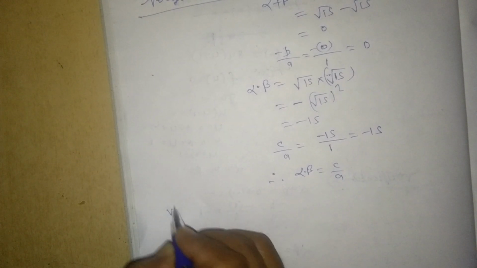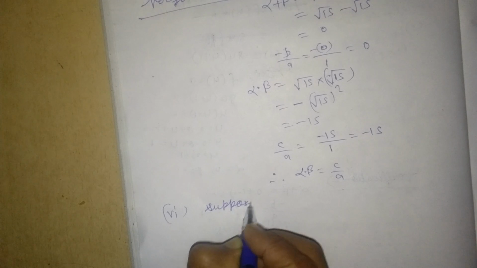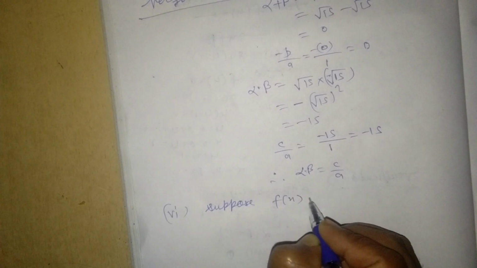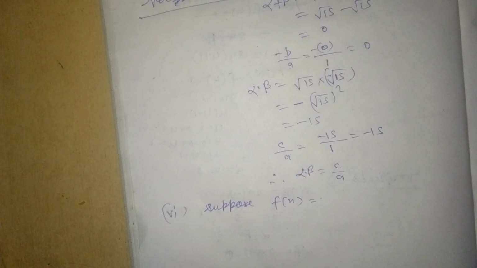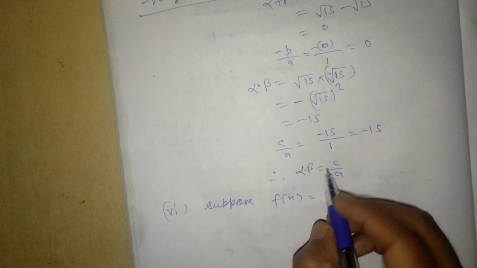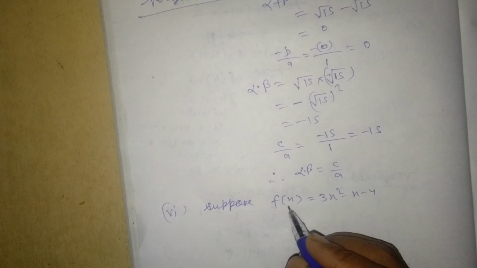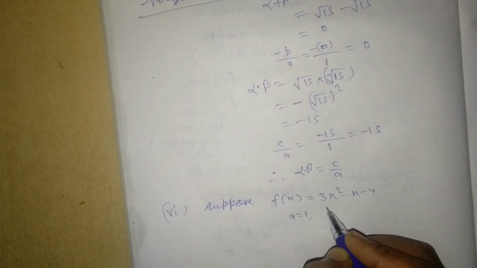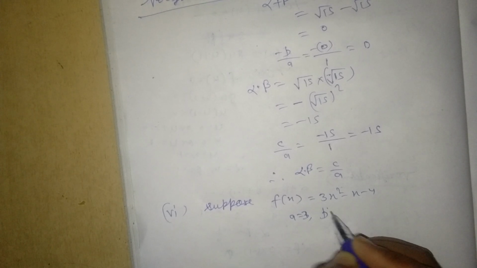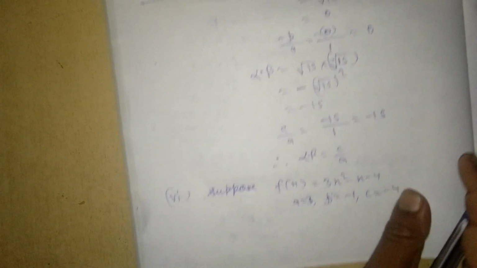Now suppose f(x) is equal to 3x square minus x minus 4. Okay, now here a is equal to 3, b is equal to minus 1, and also c is equal to minus 4.